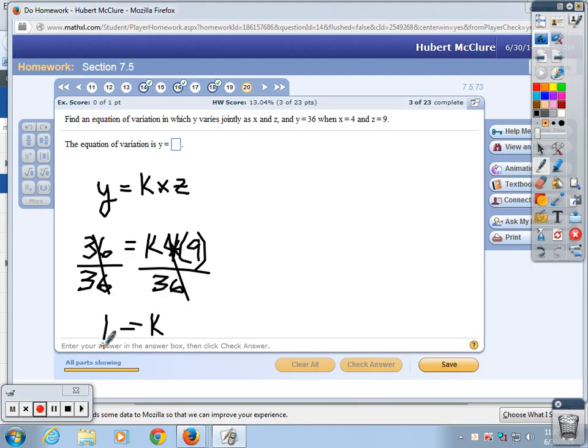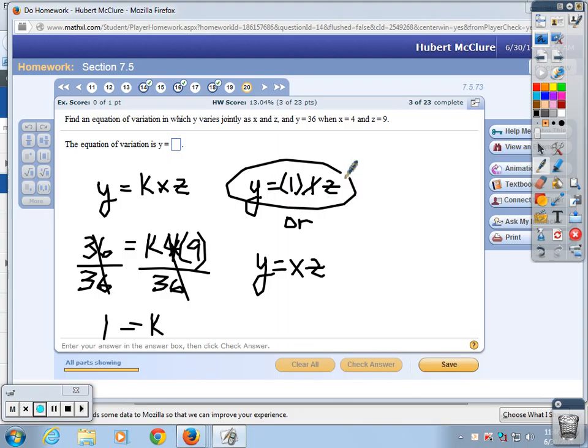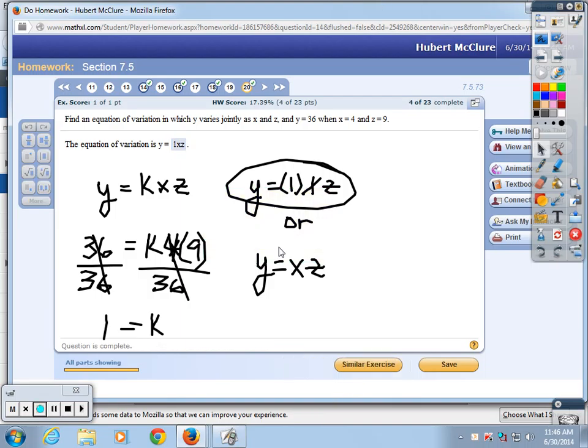So you plug it back in. Y is equal to 1 times x times z. Now you don't have to put the 1. You could say y is equal to xz. But I want you to do it this way because you need to put k back in. If that was a 2, you wouldn't not put it. I don't know, they probably want xz, but we'll put it in and see. 1 times xz. Yeah, they took it.